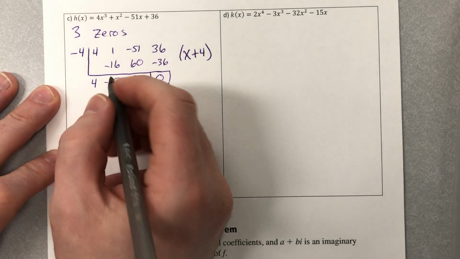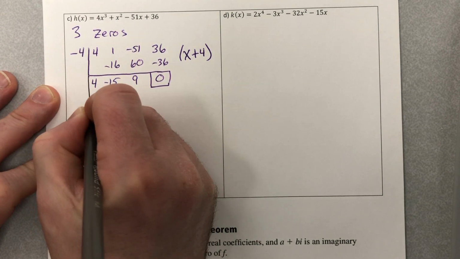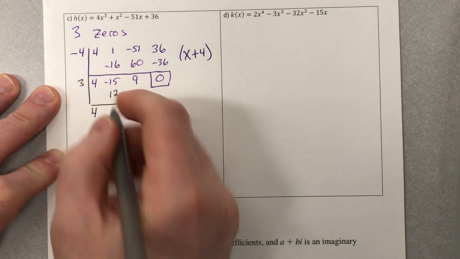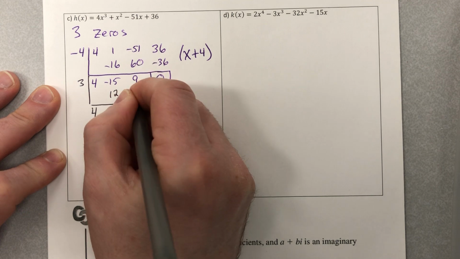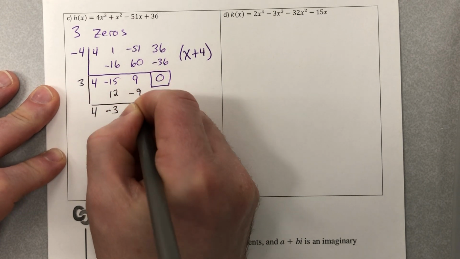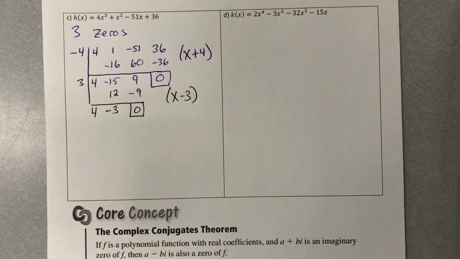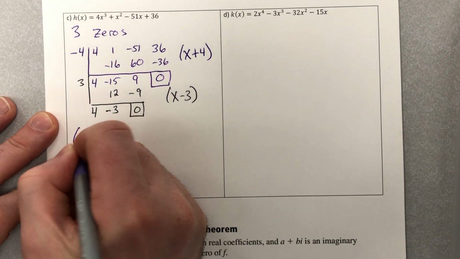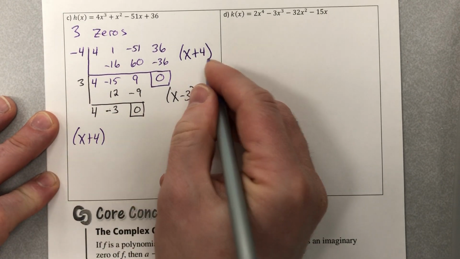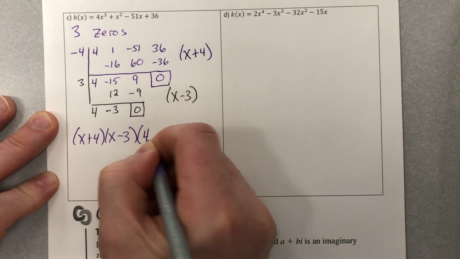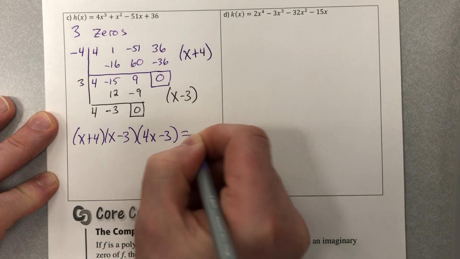All right, it also looks like it hits it at 3. So if I now use 3, that would now be X minus 3. And now if we look what's left over, we would have X plus 4, that one here, times X minus 3, that one here, times 4X minus 3.